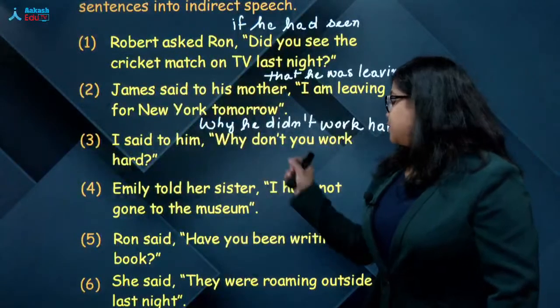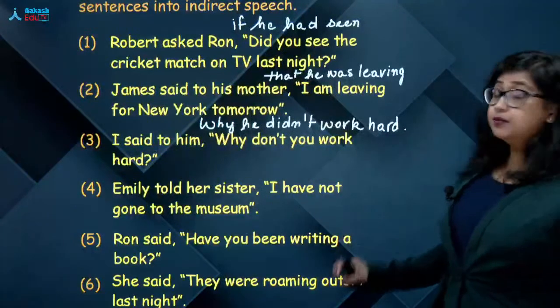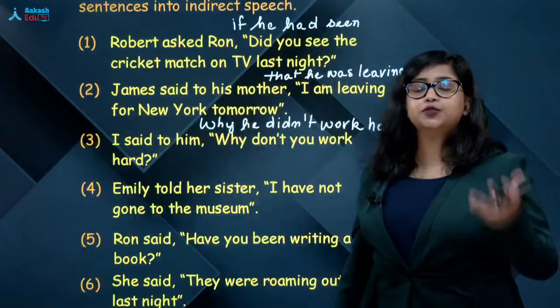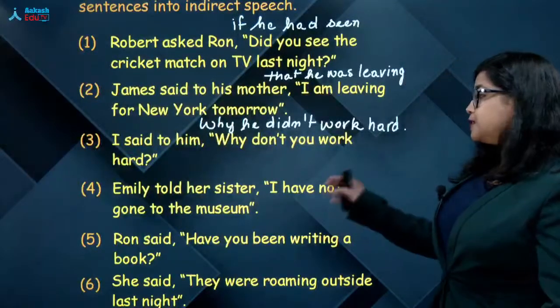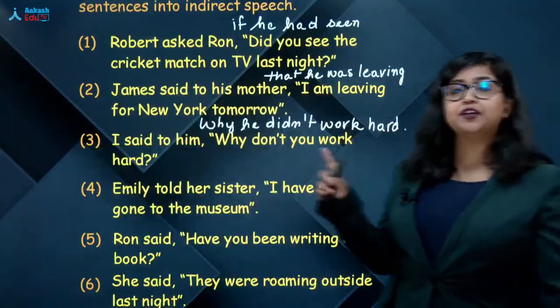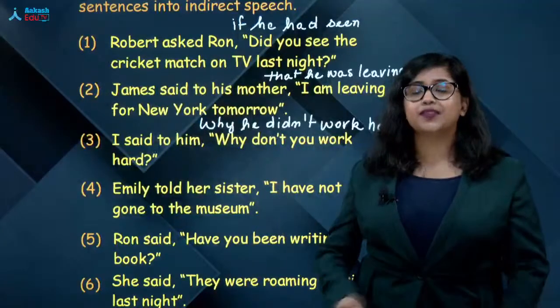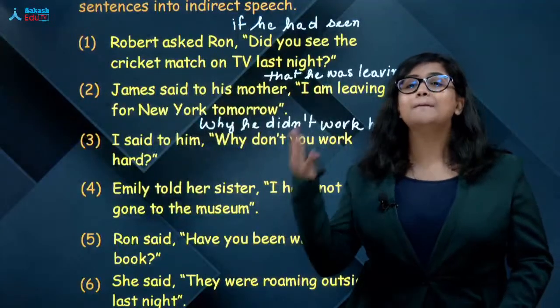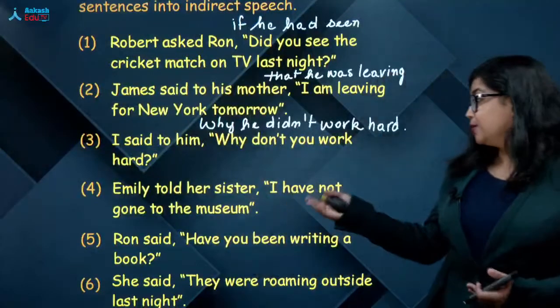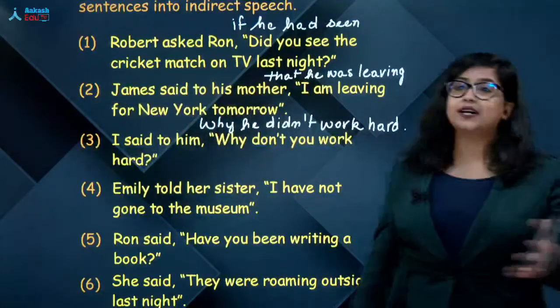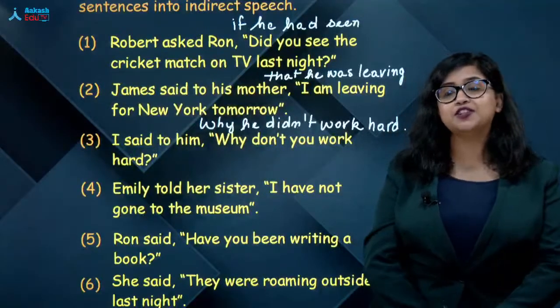So, Emily told her sister, "I have not gone to the museum." Have not gone, which means this is present perfect negative sentence, right? So, it's present perfect tense. Now, present perfect tense changes to, obviously it changes to past perfect, right? So, go ahead. Now that you know how you're going to change this, go ahead and change the sentence into reported speech.